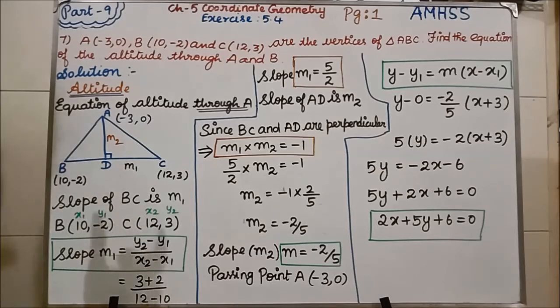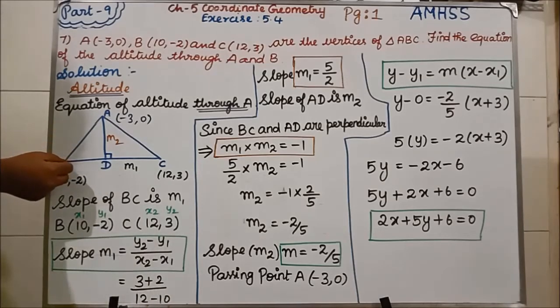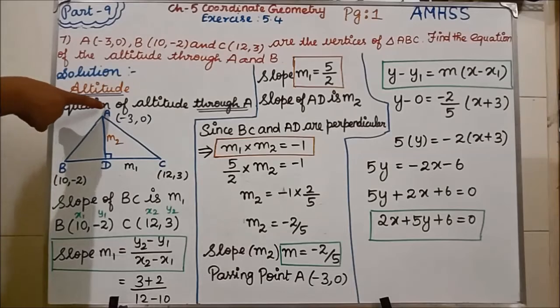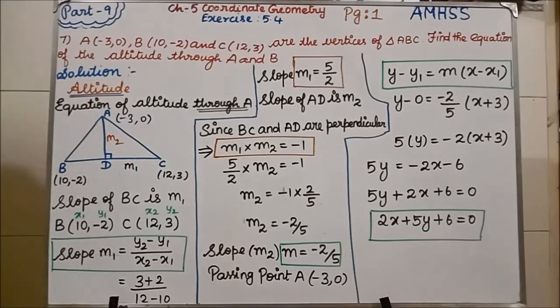So see, in the board exam, they will not ask you both at a time. Either they will ask you altitude through vertex A or altitude through vertex B. So when they ask altitude through A, if you draw altitude through vertex B, you will get the wrong answer. Clear? If the question is altitude through A, then through A only you have to draw the altitude.